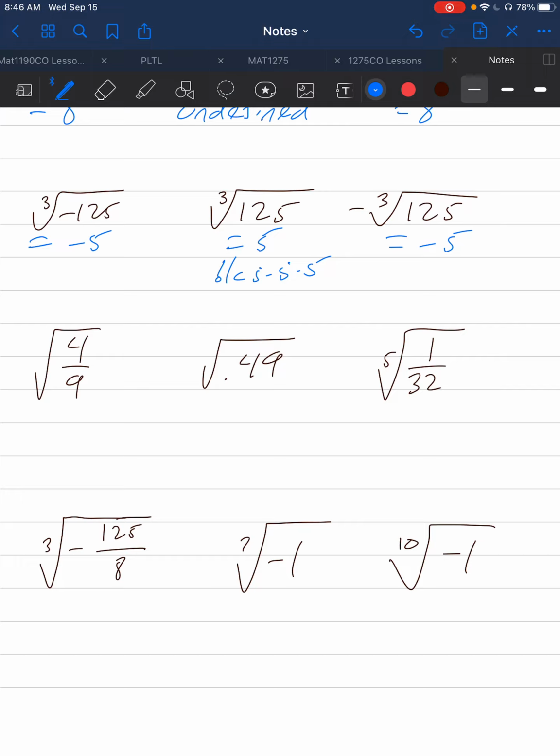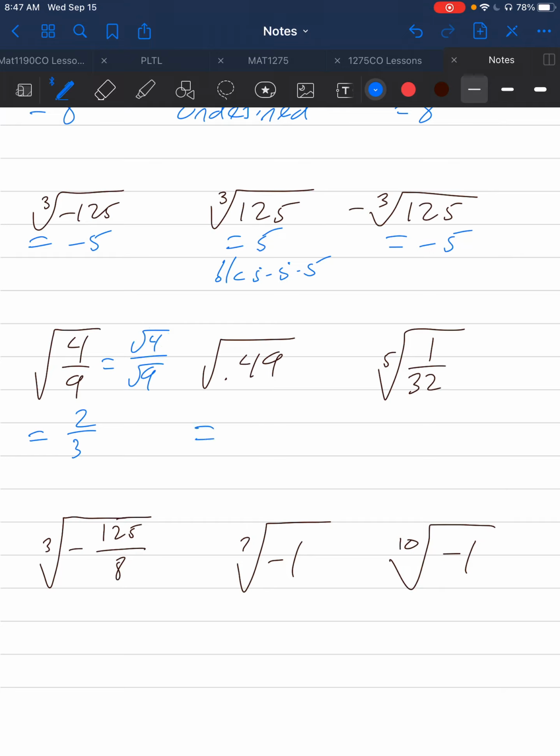Fractions work pretty similarly to regular numbers, right? A fraction inside of a radical means the numerator and denominator have separate radicals. So for 2 over 3, we could take the square root of each number individually, numerator and denominator.